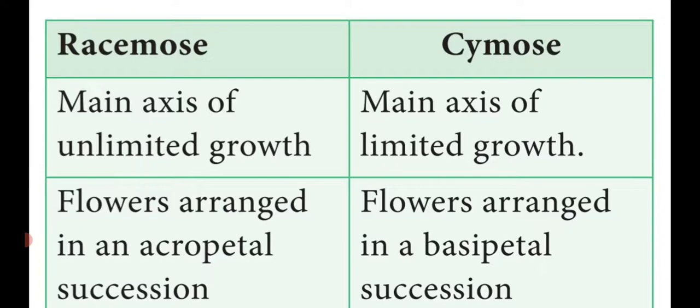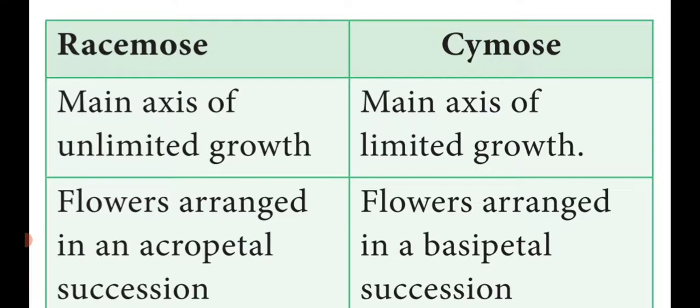Then we have seen characteristic features of racemose. That is, the central axis of the inflorescence, peduncle, possesses a terminal bud and produces a number of flowers at the lateral position, which is known as racemose. Old flowers are at the base, young flowers towards the tip.